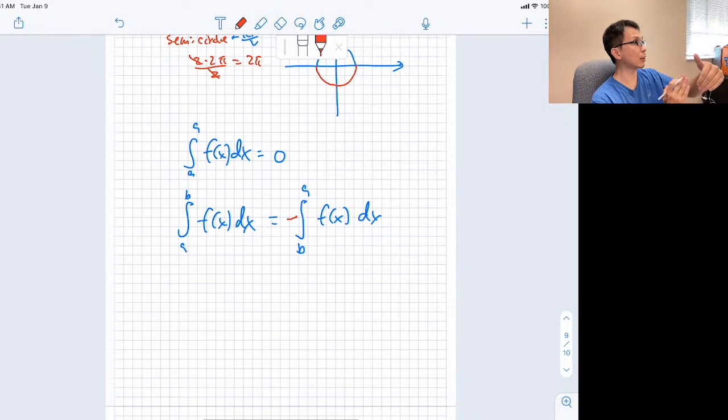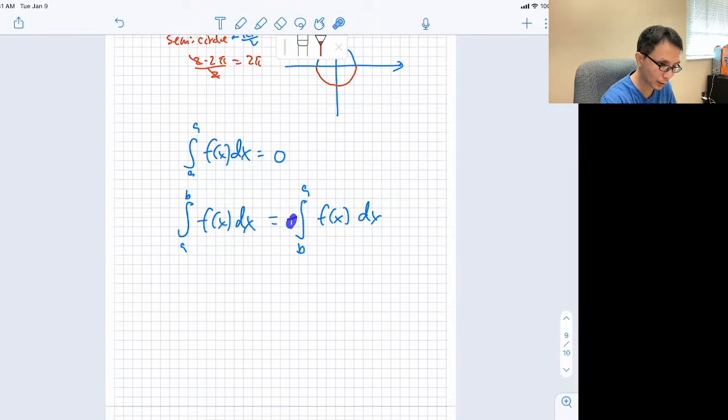Because the area is calculated differently, you're going to have a minus sign in front of it. It's still the same number, but it's going to have a negative sign with it. Are we okay here? The negative sign could be on the first one, so you can erase this negative sign and put it on this one. You can do that too. So if you switch the boundary, you put a negative sign in front.